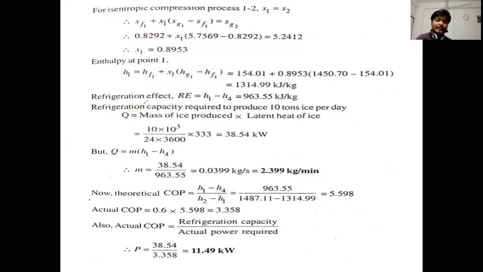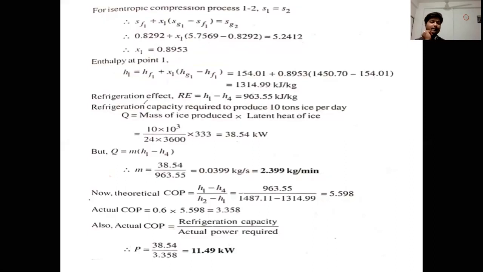Now refrigeration capacity. How much refrigeration capacity? It is mass of ice produced times latent heat, because 10 ton ice per day. So we calculate the total refrigeration capacity of the plant with the help of how much ice is produced per day.